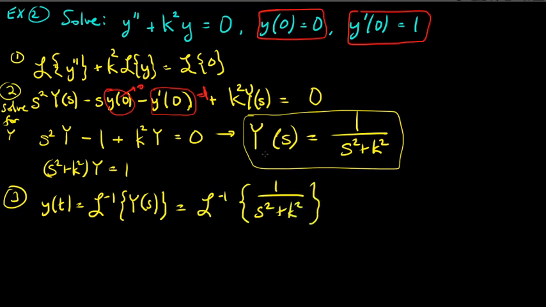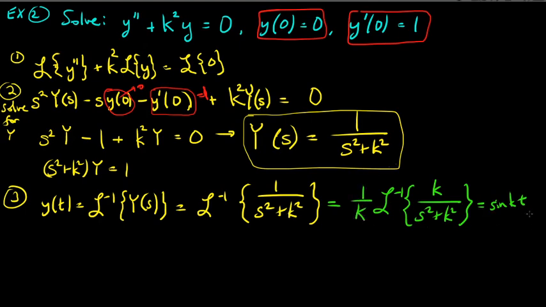That one should be familiar, well, maybe not quite. There's a little issue here. We know the inverse Laplace transform of k over s squared plus k squared is just sine of kt. The problem is that this is a 1, not a k. So you know what you have to do, divide by k.